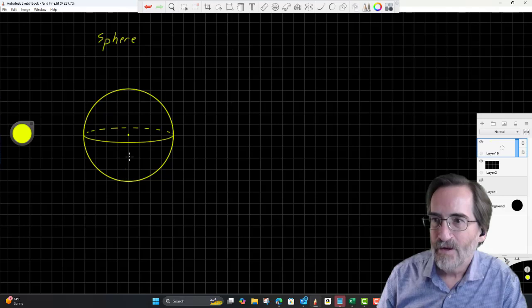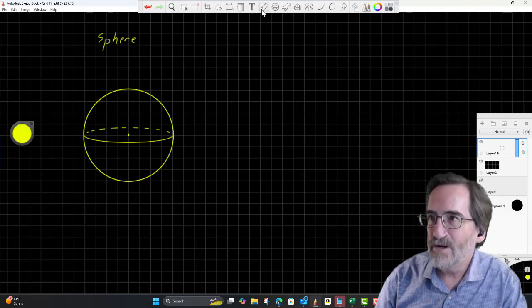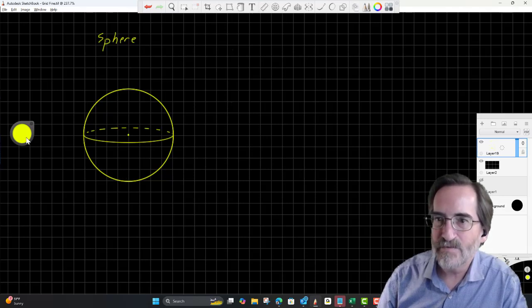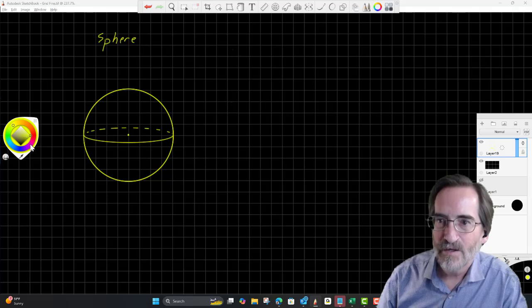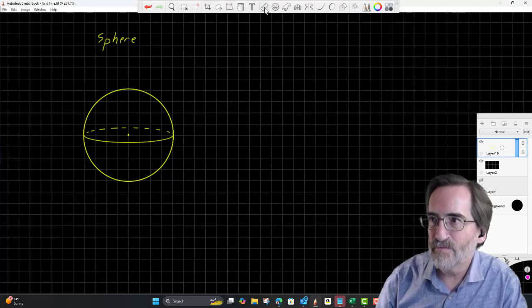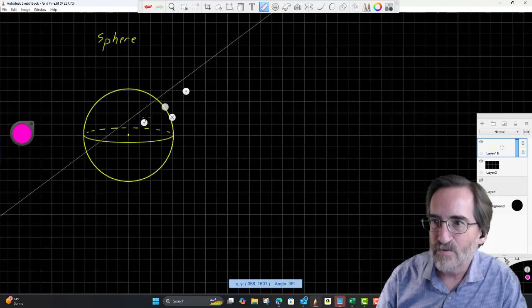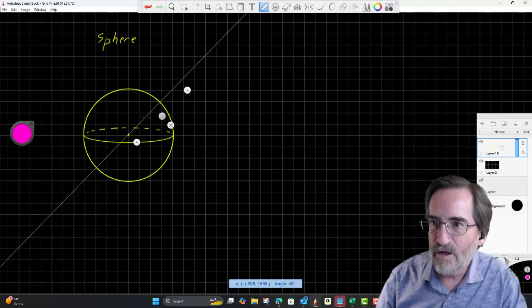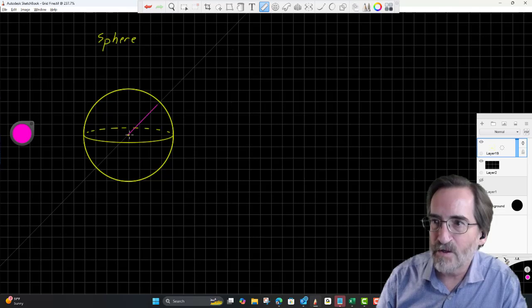Okay. But really the only dimension that you need to know about in a sphere is the radius. The radius, the distance from the center to the edge. Now, that isn't always what you're given. Sometimes you're given the diameter.